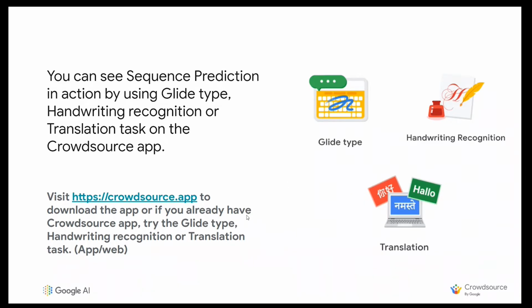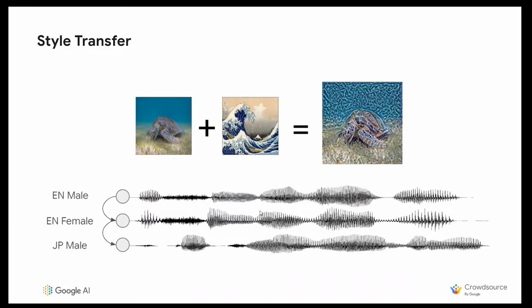Okay, so let's get into the new type of machine learning. This type is the fifth, and it is called style transfer. This is a generative model. It tries to generate a new style based on a combination of two different inputs.